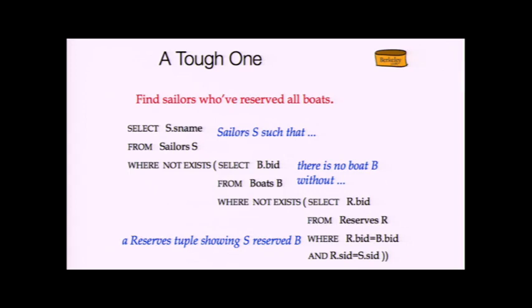Yeah. Is there a better way to do this? There probably is. Say I just select the count of the number of boats that each sailor reserves, which matches the total number of boats. So select the count of the boats that each sailor ever reserves.